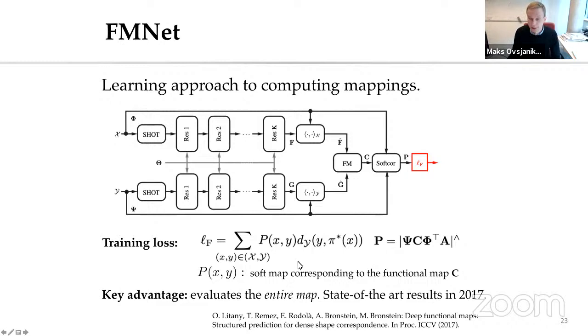So this is the geodesic distance. The key advantage is that this loss evaluates the entire map. Instead of evaluating point by point, it has a global consistency on the map, and as a result it gave state-of-the-art results in 2017.